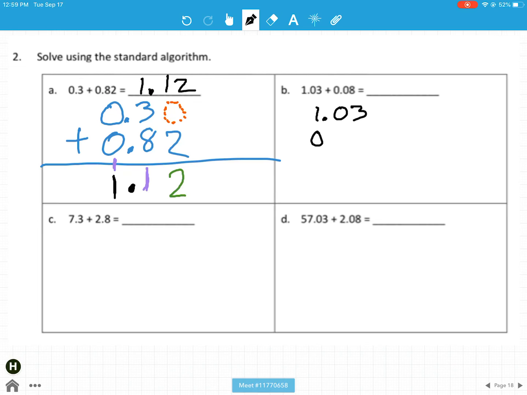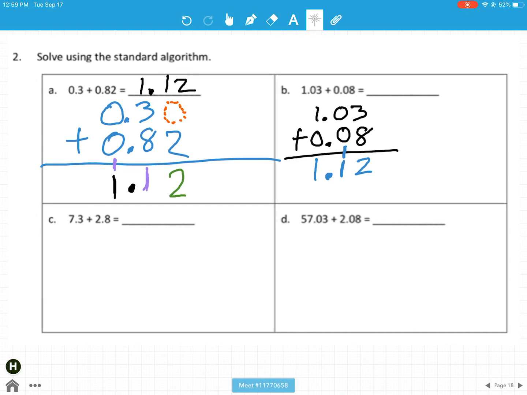All right, here we go with the next one. 1.03. Then I have a 0.08. Again, line up your decimals. Now 8 plus 3, we already did that. That's 12. Now I had 0 plus 0 plus 0 plus 1 gives me 12.